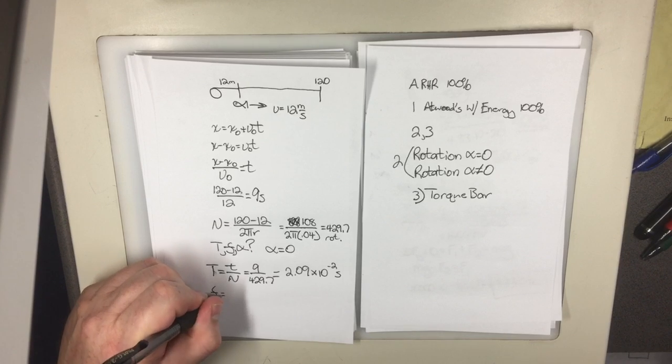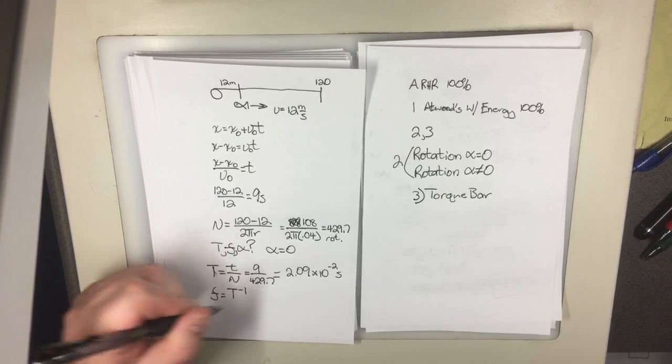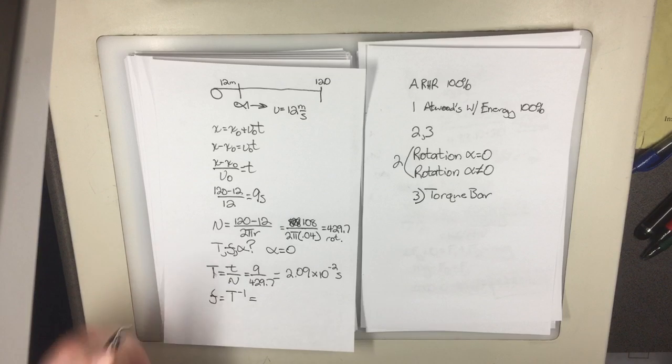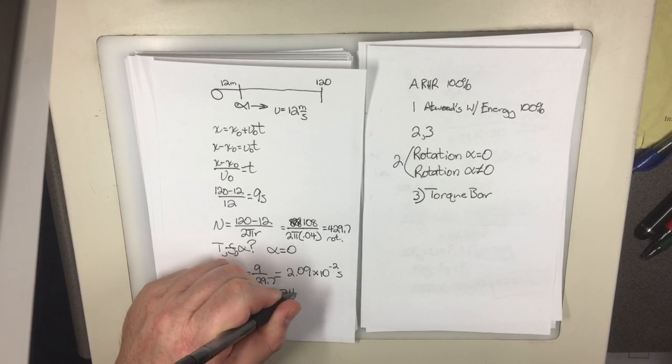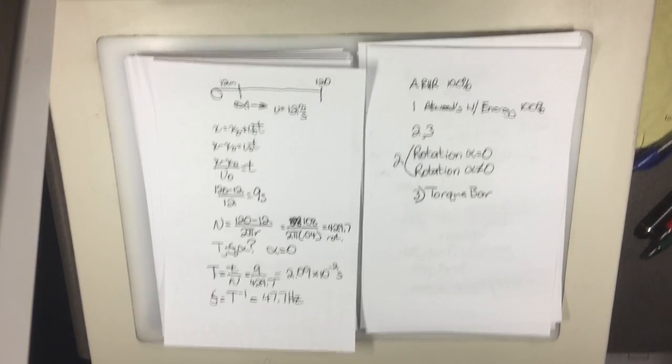And frequency is the inverse of period. So all I have to do is invert this, and I get 47.7 hertz. And that's it.